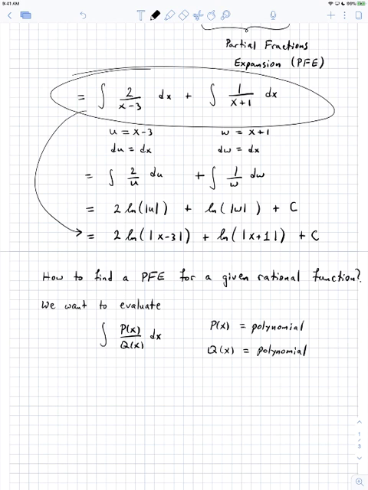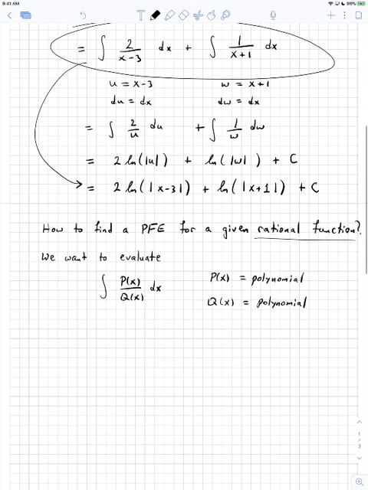So if you have a polynomial divided by a polynomial, that's a rational function, and that's the kind of thing we want to evaluate. So what we're going to do is find a partial fractions expansion for p of x over q of x.